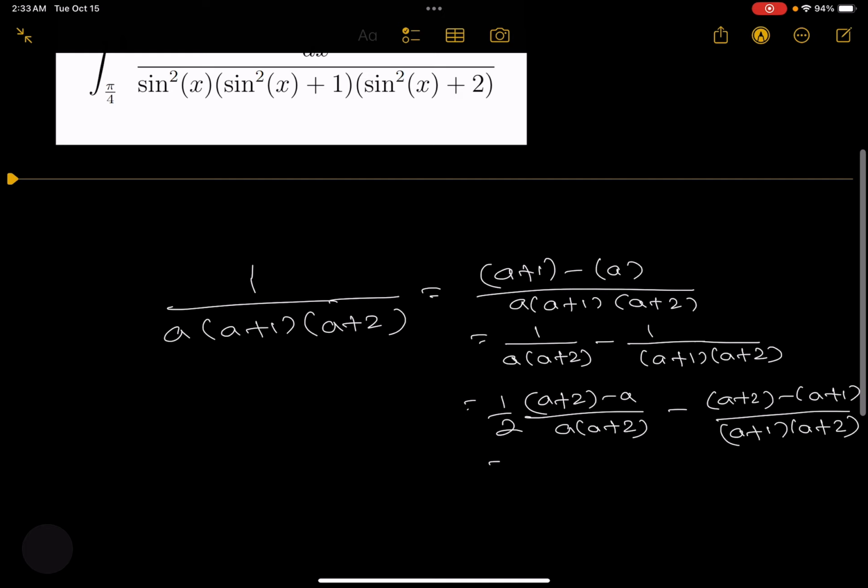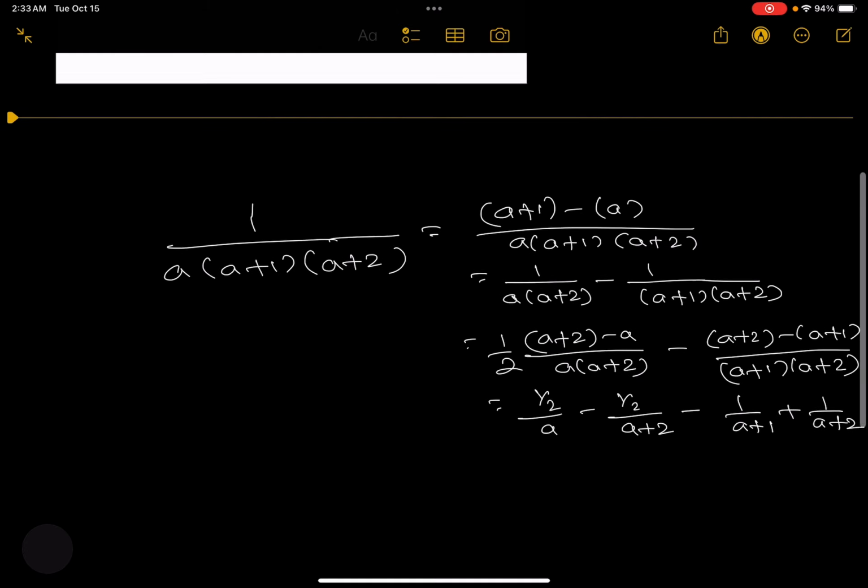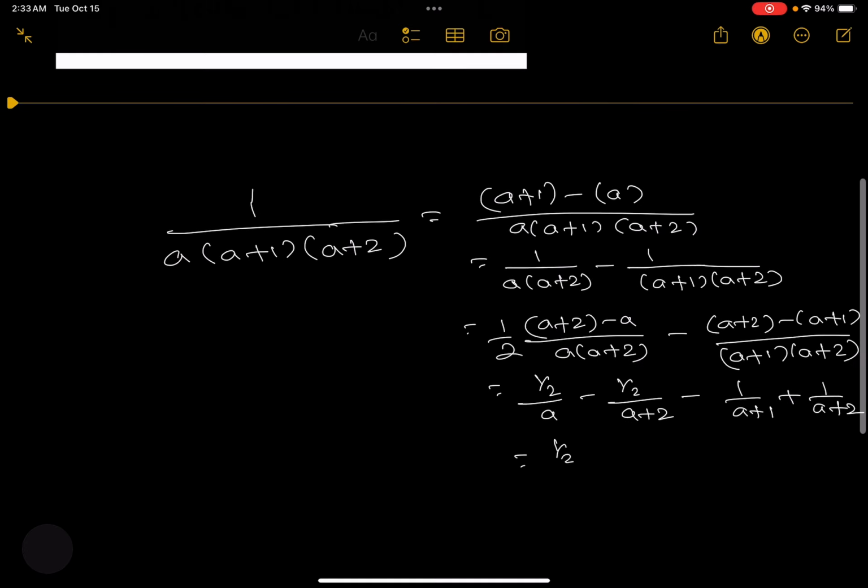So this is 1 by 2 divided by a, minus 1 by a plus 1, plus half divided by a plus 2, right? Okay, so we have this partial fraction decomposition for this rational function.